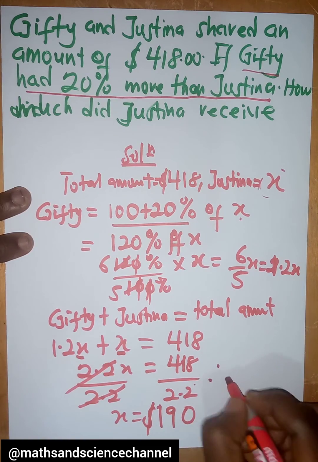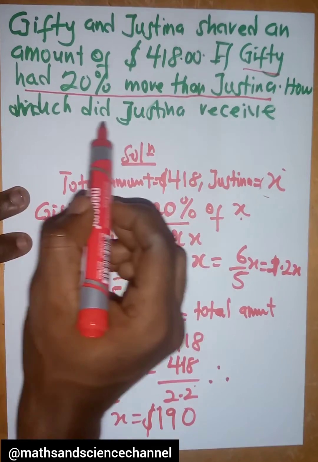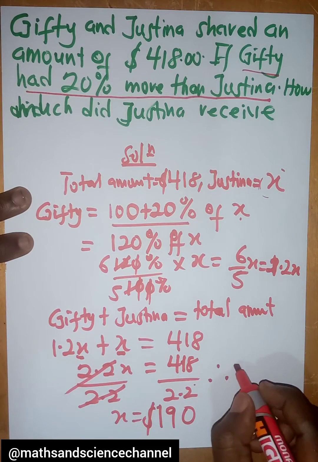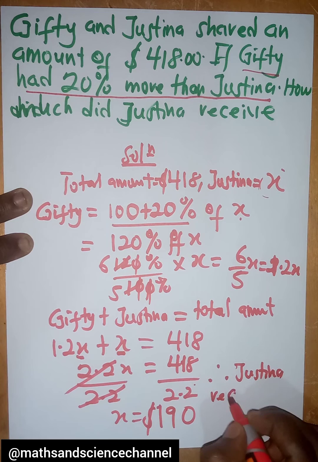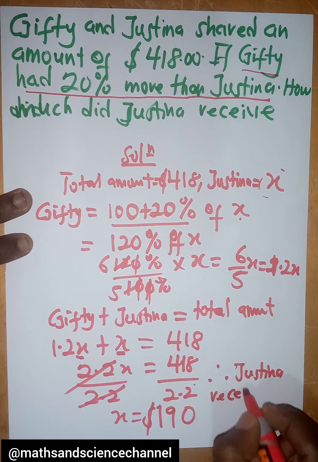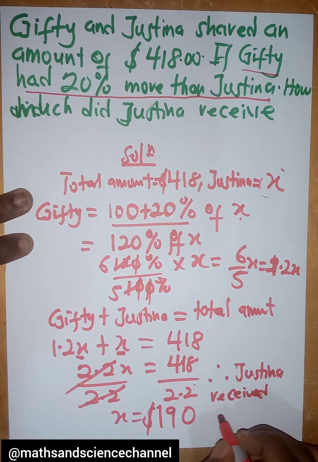So therefore we can conclude that Justina received $190. That's what Justina received.